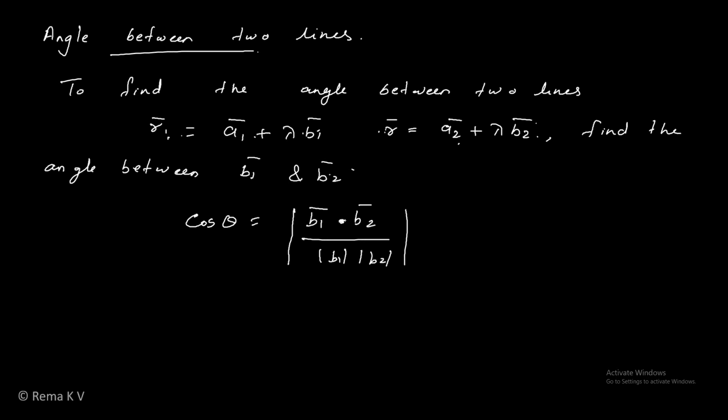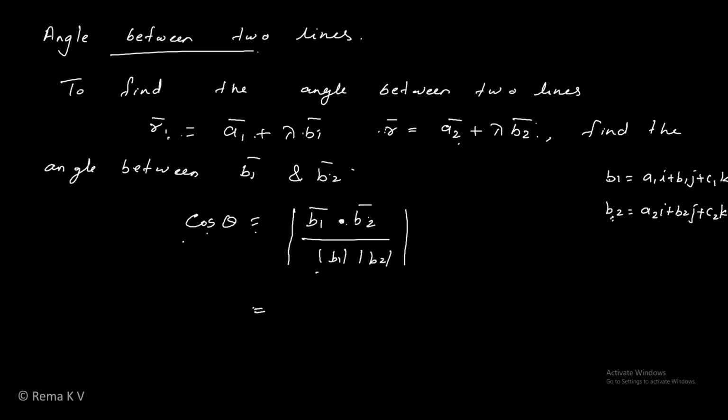Using the scalar product or dot product, we can find cos theta is equal to b1 dot b2 by modulus of b1 b2, or you can write this as, b1 is taken as a1i plus b1j plus c1k and b2 is taken as a2i plus b2j plus c2k. These notations you have to remember.